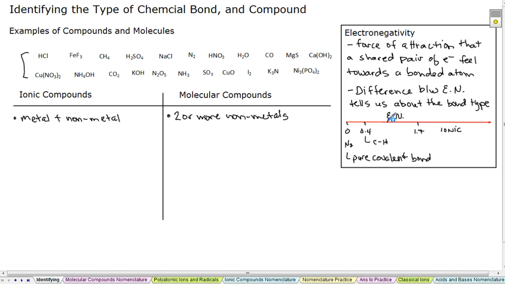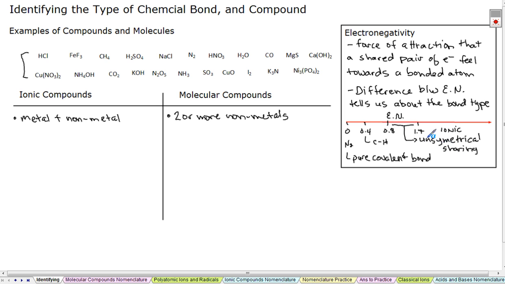Anything around 0.8 to 0.7, the tug of war is very one-sided, so we could say it's an unsymmetrical sharing. Anything from 0 to 1.6 would be covalent bonds. Anything 1.7 or greater would be ionic.